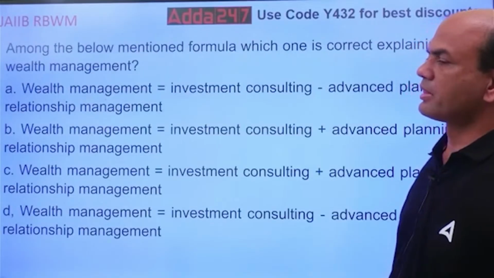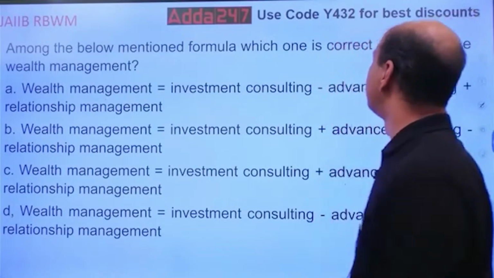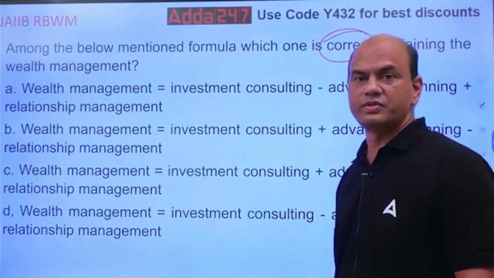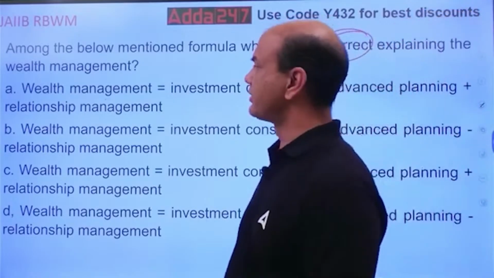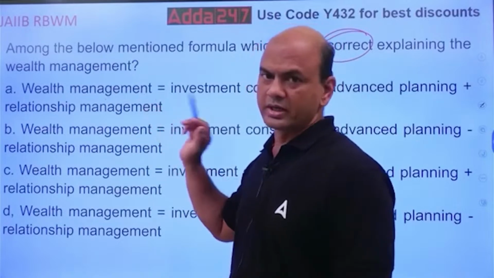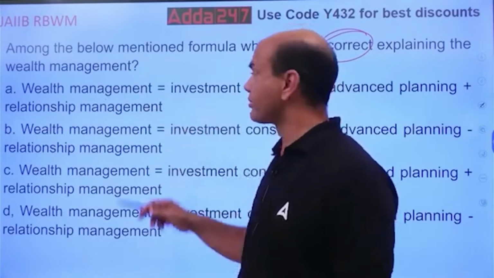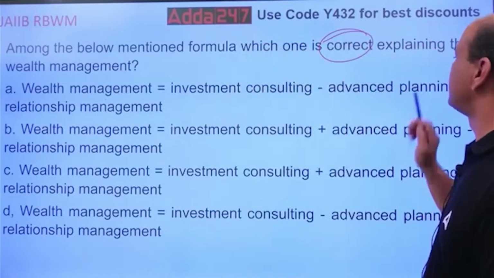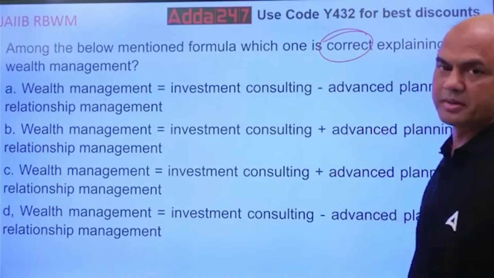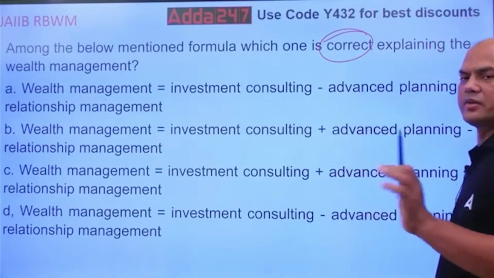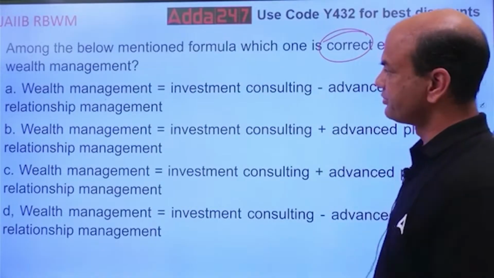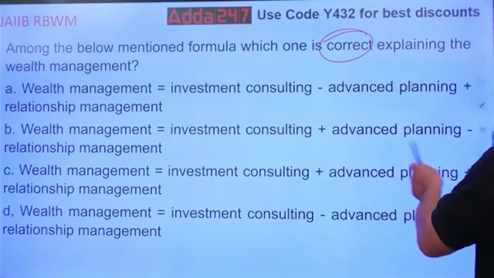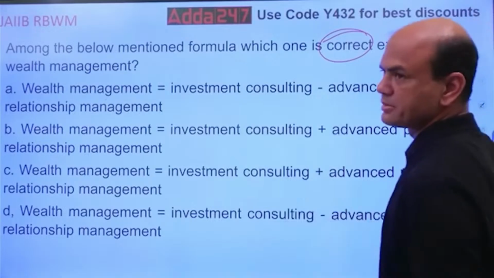Next. Among the below mentioned formulas, which one is the correct explanation of wealth management? Look at it, everyone, properly. A: wealth management equals investment consulting minus advanced planning plus relationship management. Minus advanced planning means you don't have to plan in advance. B: wealth management equals investment consulting plus advanced planning minus relationship management.